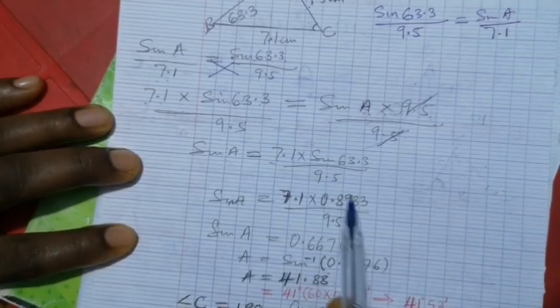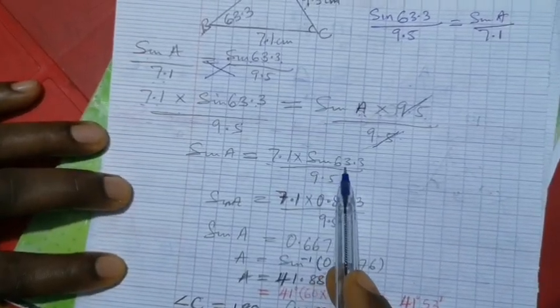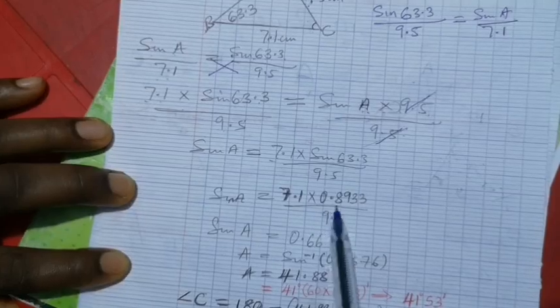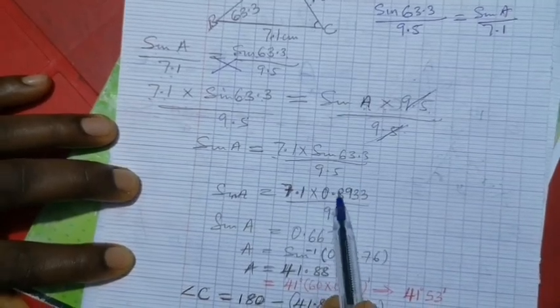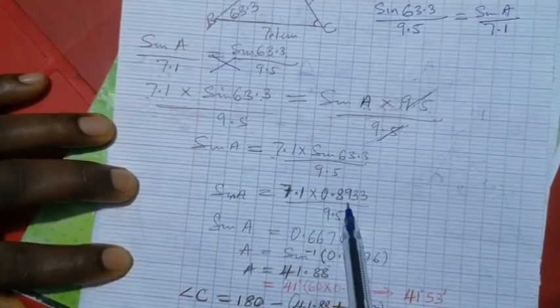Now, sine 63.3 is what you have here. Sine 63.3 is 0.8933.